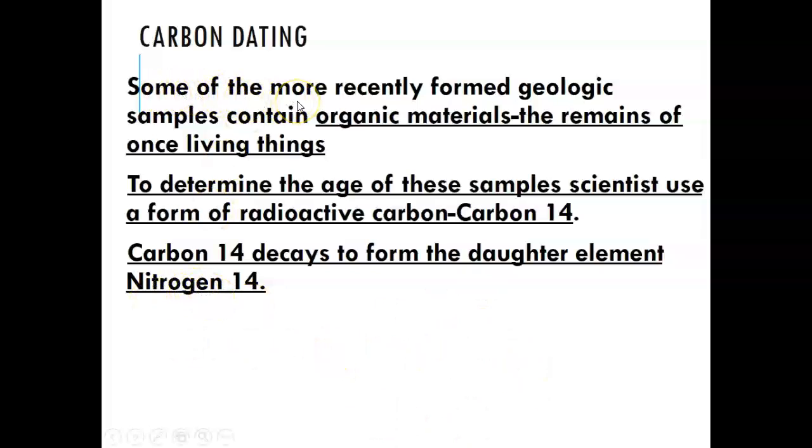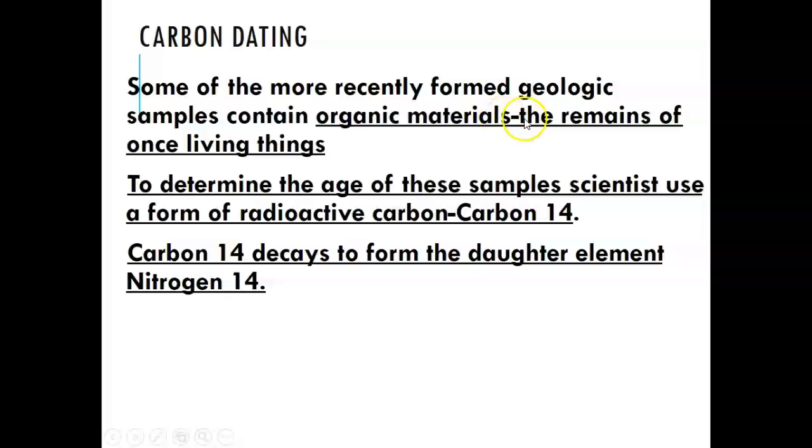Some of the more recently formed geologic samples contain organic material. And we'll talk about this even more when we get into the history of the Earth. But the geologic time period of the Cambrian is when organic material started to form. So from the Cambrian all the way up to the Holocene, which is where we are living right now, there has been organic material, and we're able to use that carbon to figure out how old the organic material is.